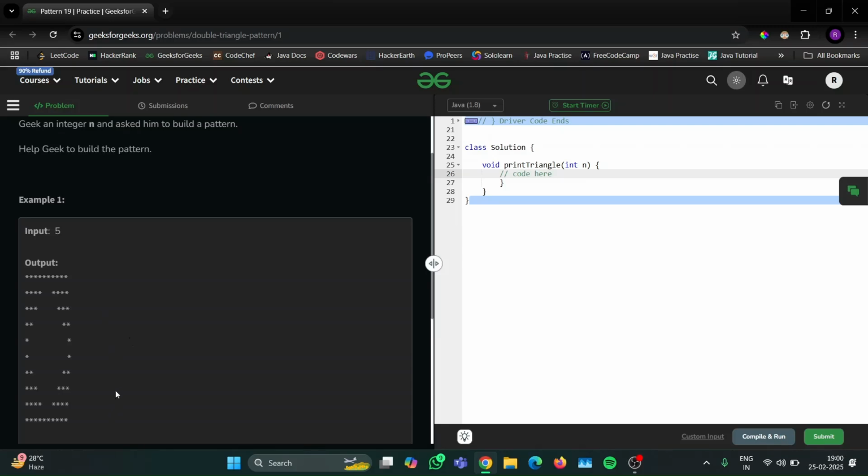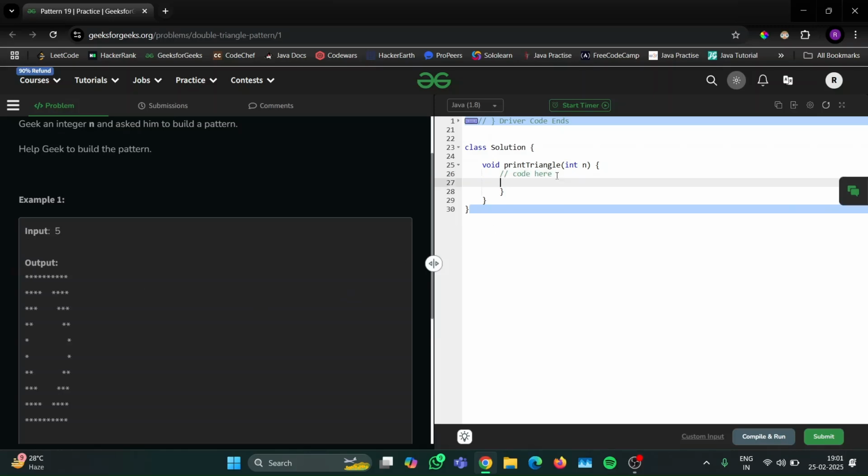So, in order to achieve the output optimally, we have to figure out a formula which can generate this particular pattern in one single for loop. So let's get back into the pattern and try to observe it.